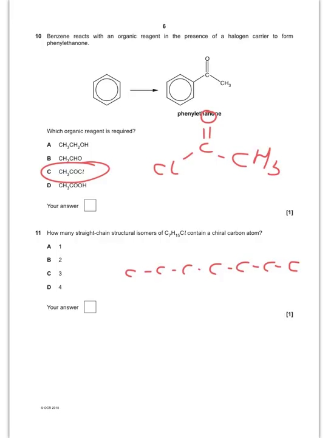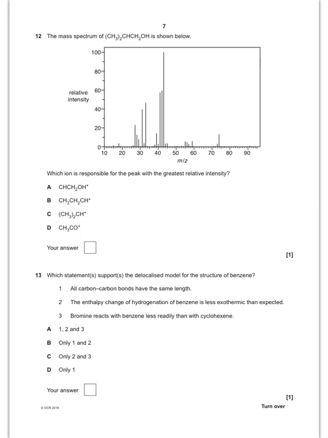So there we go. We will have a chiral carbon if my Cl goes there. You will also have a chiral carbon if my Cl goes there. But if you put your Cl there or there, you will not have a chiral carbon, and therefore the answer is B.